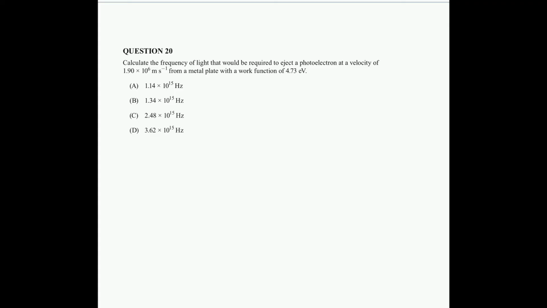So we're going to use our formula: E_K, for kinetic energy, is equal to hf minus W, W being the work energy required, h being Planck's constant and f being the frequency.